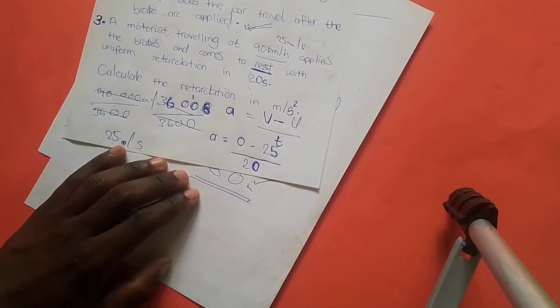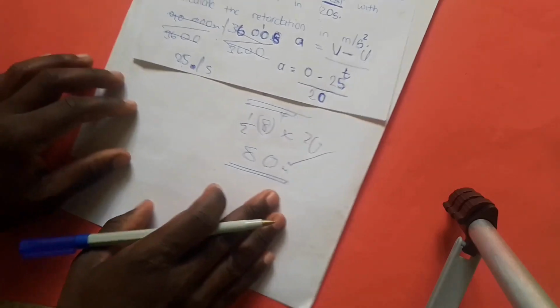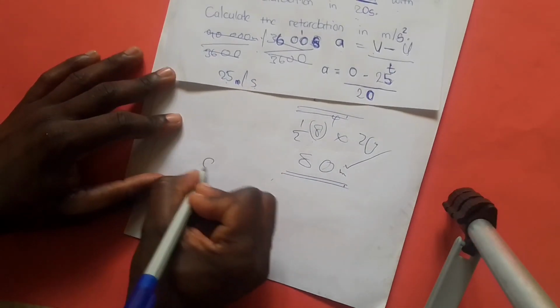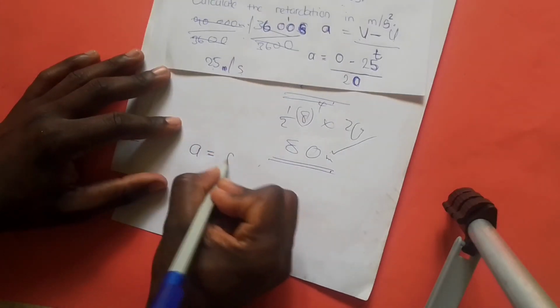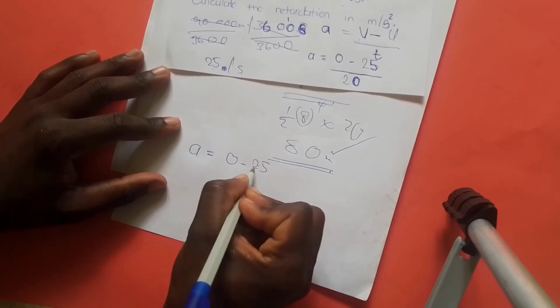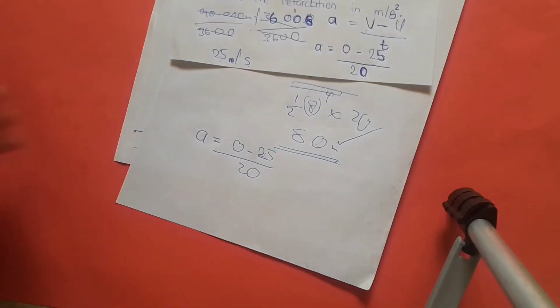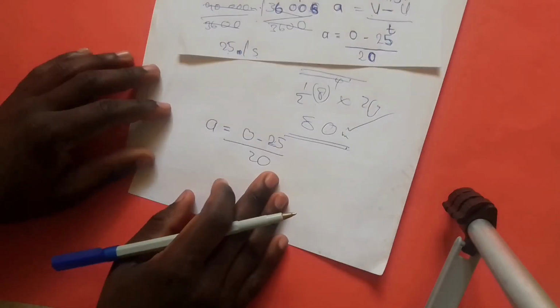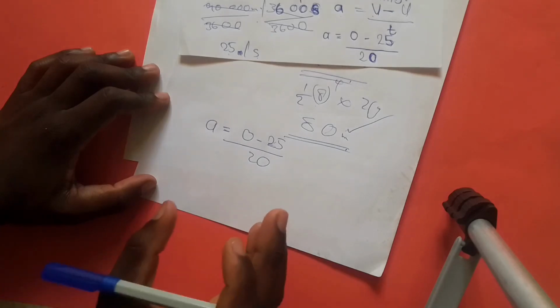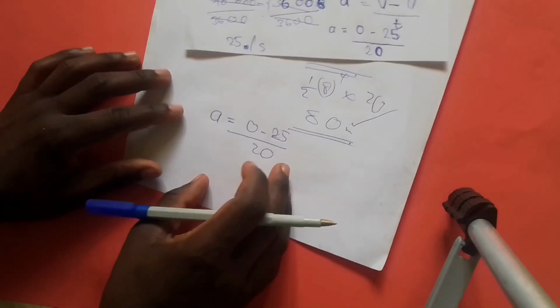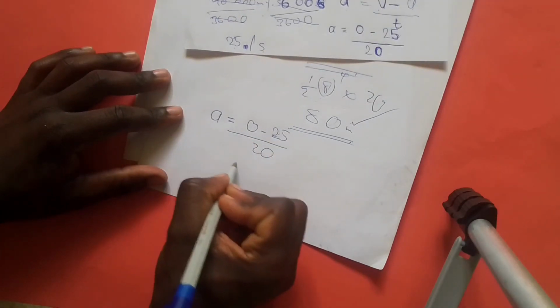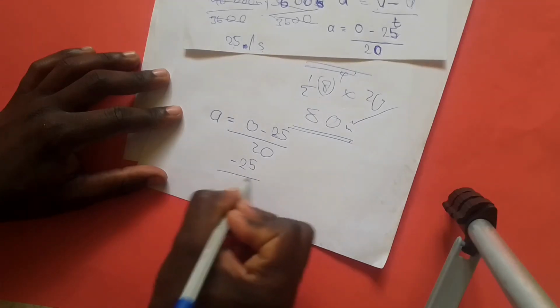So our equation is now A is equal to 0 minus 25 over 20. Pay very close attention. 0 minus 25 is negative 25 over 20.